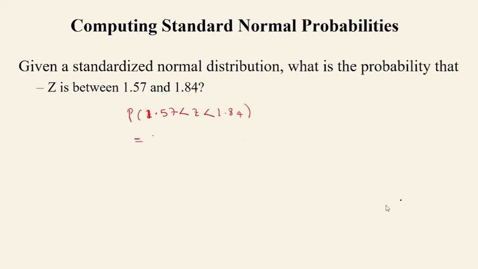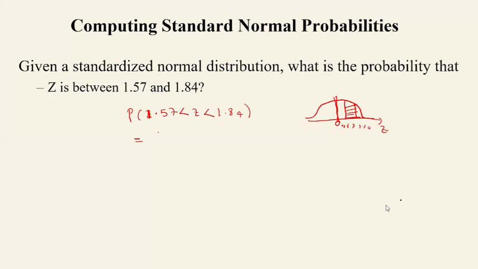So first we draw the diagram, then easily we can identify the areas. So symmetrical, Z, 0, 1.57, 1.84. This area we need. So how can we calculate this probability?